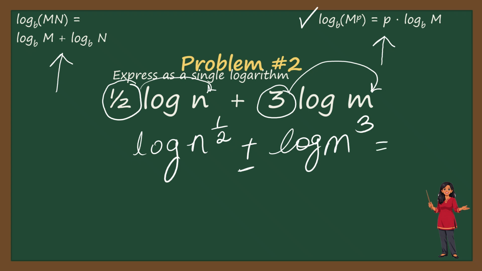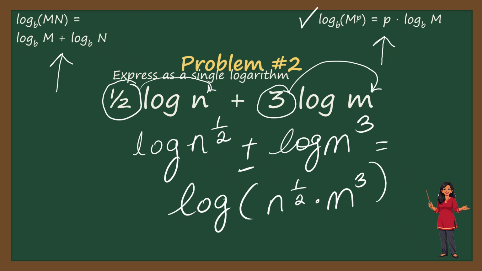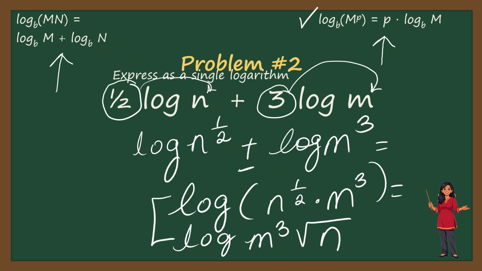So I will rewrite that as log of n to the 1/2 times m to the 3rd, which is log m to the 3rd times the square root of n. You can leave it as is because either one of these answers is correct. Okay? So now we've applied the product rule and we have finished our problem.